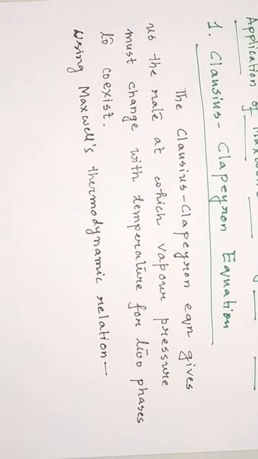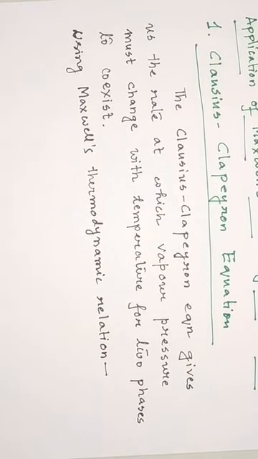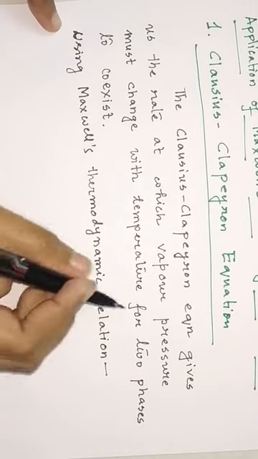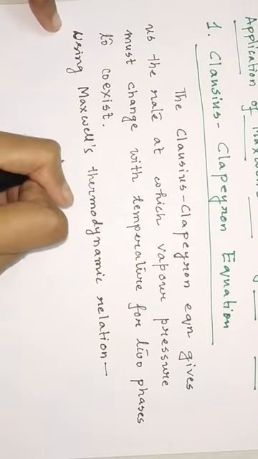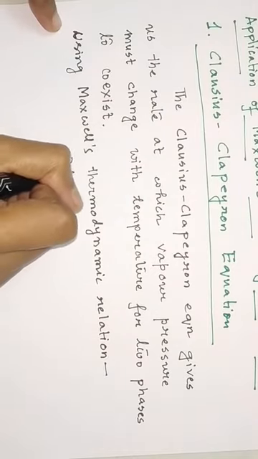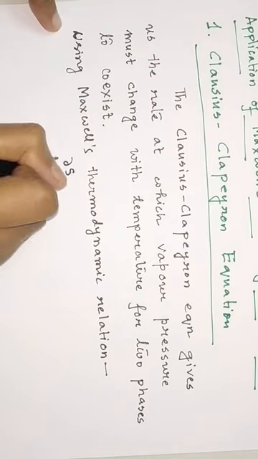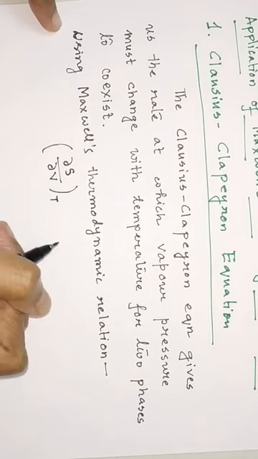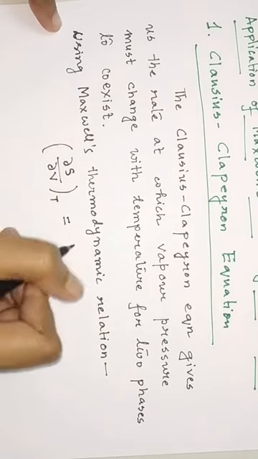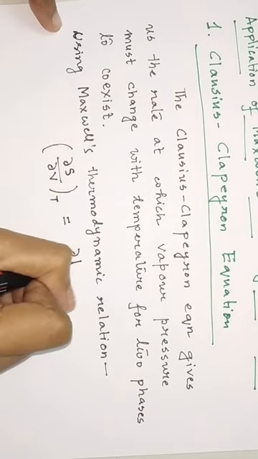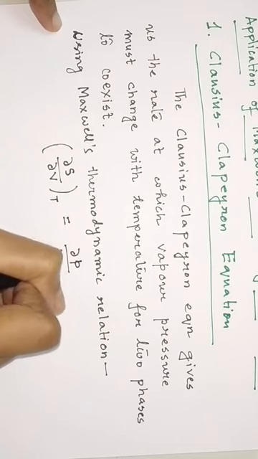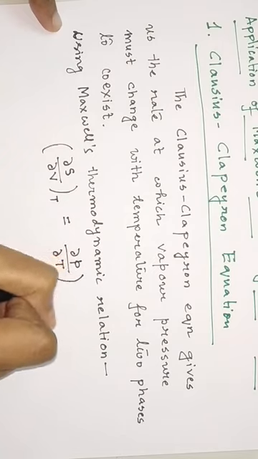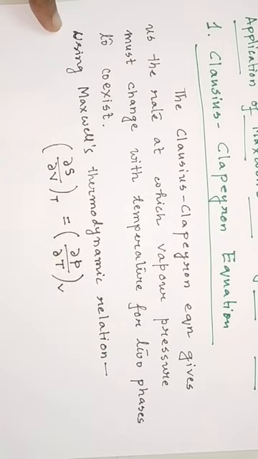You don't need to mention that it is the first relation; you can just write that it is the Maxwell thermodynamic relation, the first one, which is del S by del V at constant temperature T is equal to del P by del T at constant V.